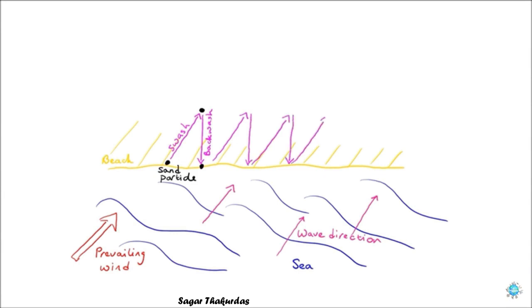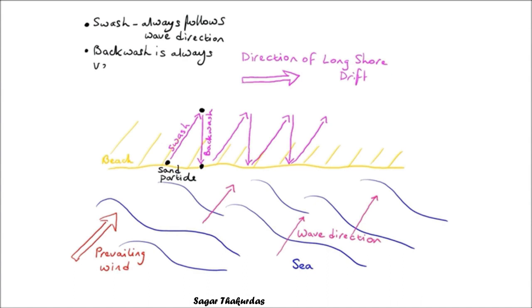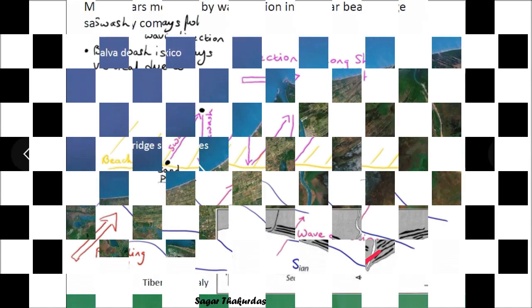And this is how the sand particle is moved laterally along the beach, which results into the accumulation of sand particles and barrier bars ultimately. So the grain is transported obliquely by the swash current in the direction of wave, and it is again transported backward by the gravity vertically downward.